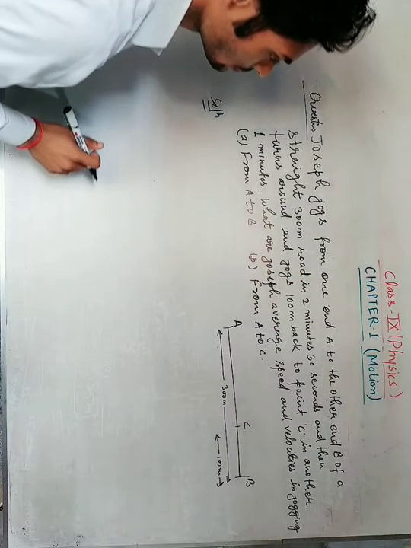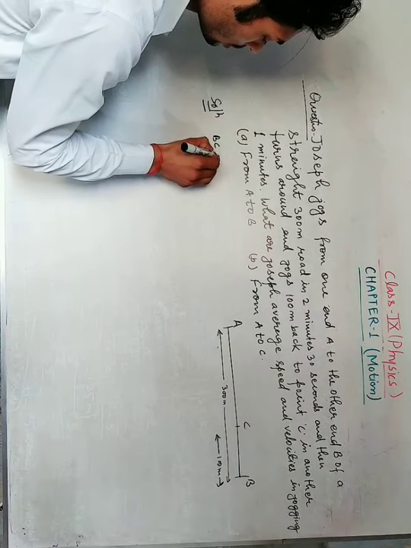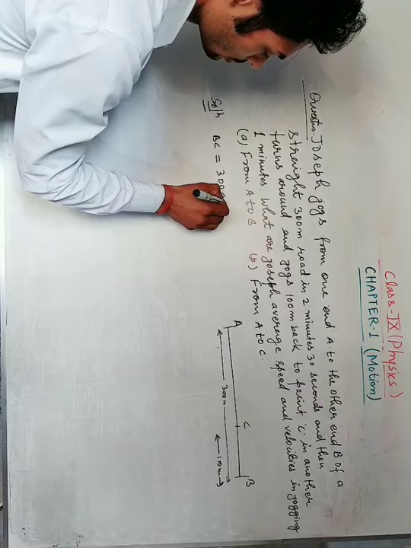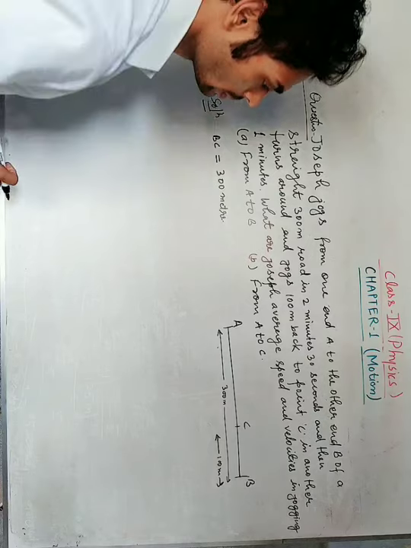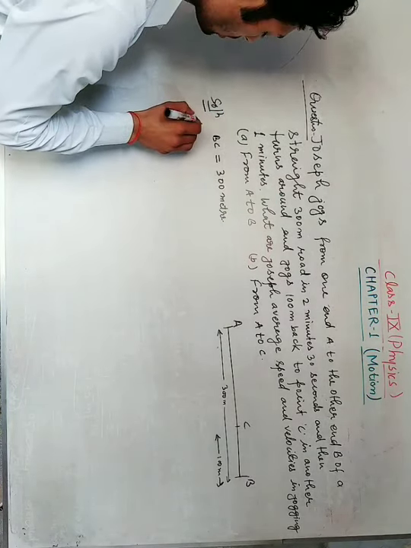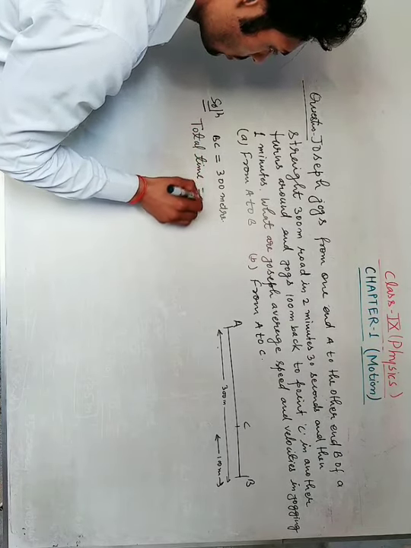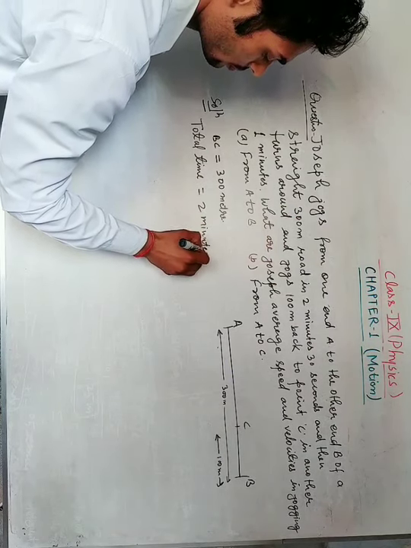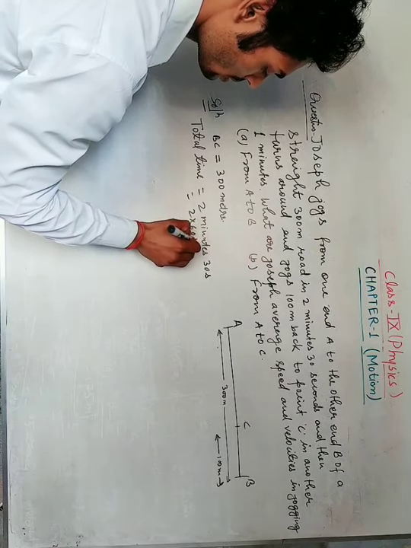Here given that AB equal 300 meter, and total time taken by jogging, total time equal 2 minutes 30 seconds equal 2 into 60 plus 30.